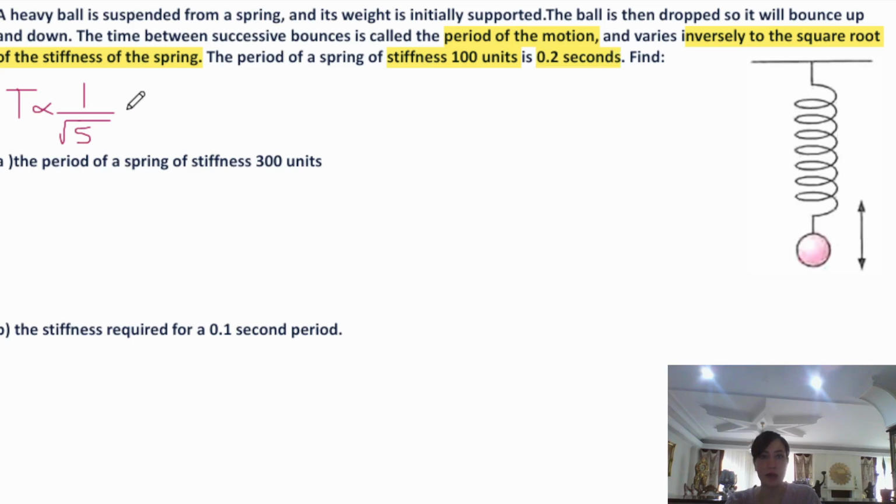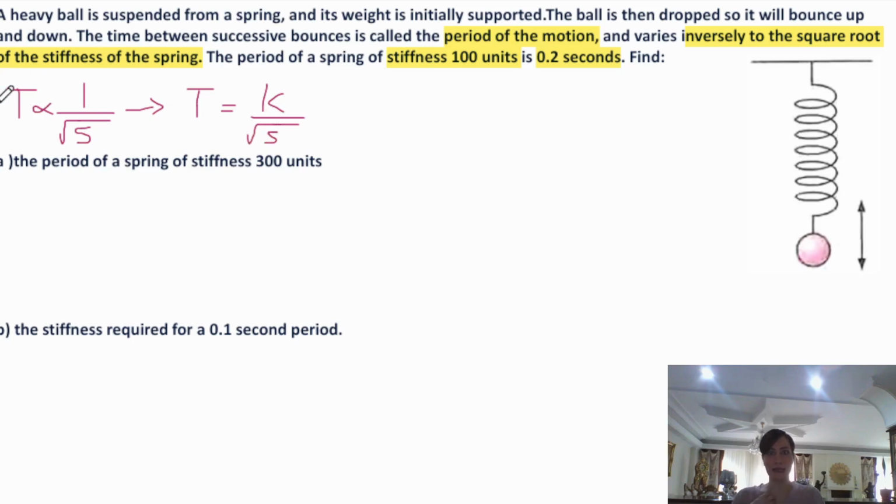So if I want to convert this proportion to a formula, I always have a constant K that I can write: T equals K over the square root of S.